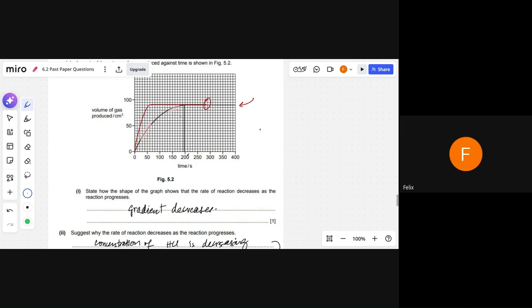So you can see here that before, when marble pieces were used, huge pieces that were not crushed, it took 200 seconds to complete.